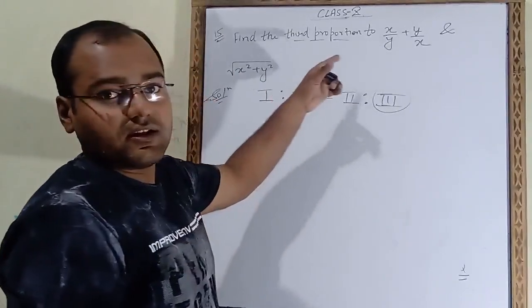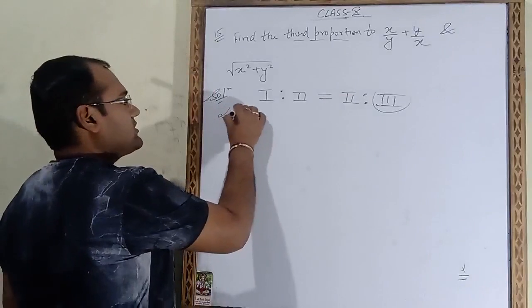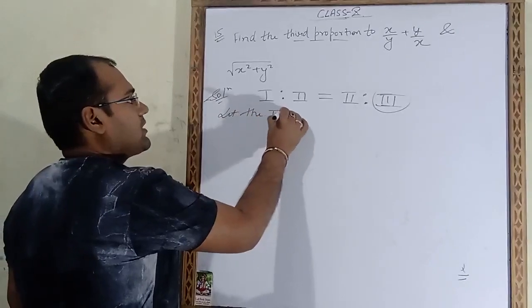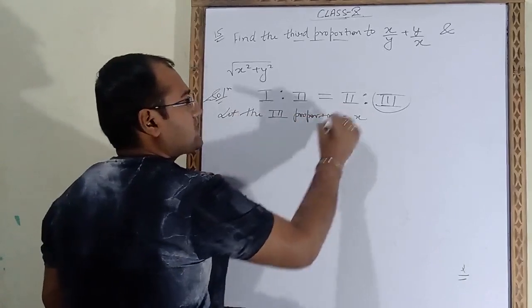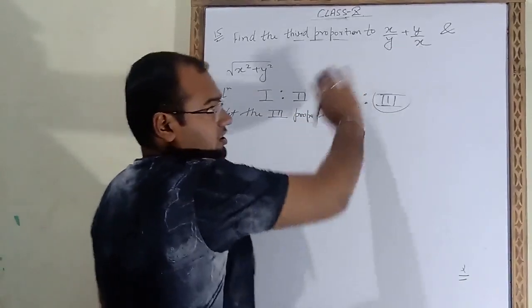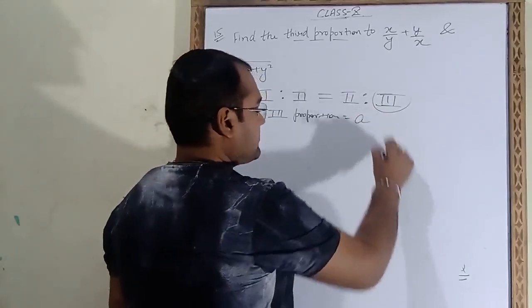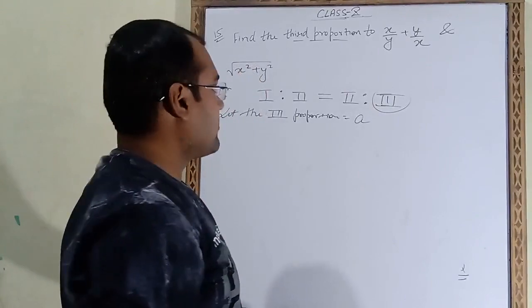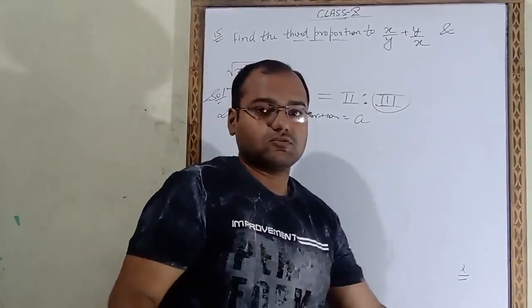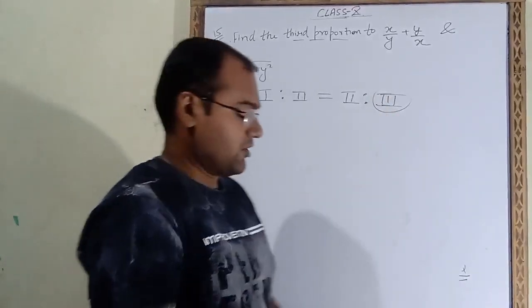Let the third proportion be... x we will not assume because x is already given in the question. We will assume another alphabet, let's say A. Or no need to assume, you can do it like this only. We will take third only.